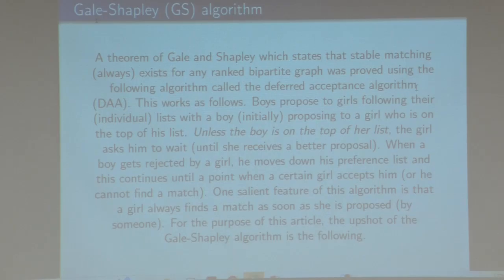For that discovery, Shapley and Roth both received the Nobel Prize in Economics, around after 2010, probably 2012 or 14. So it is a theorem that is used highly in social sciences.